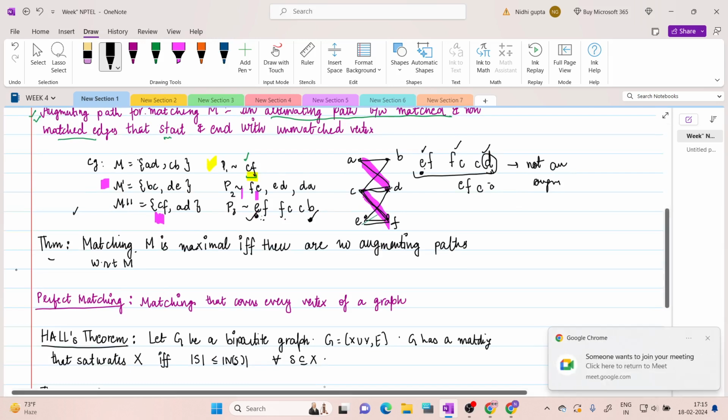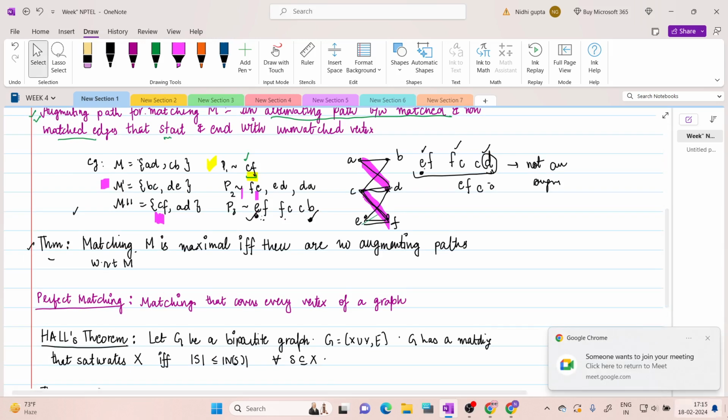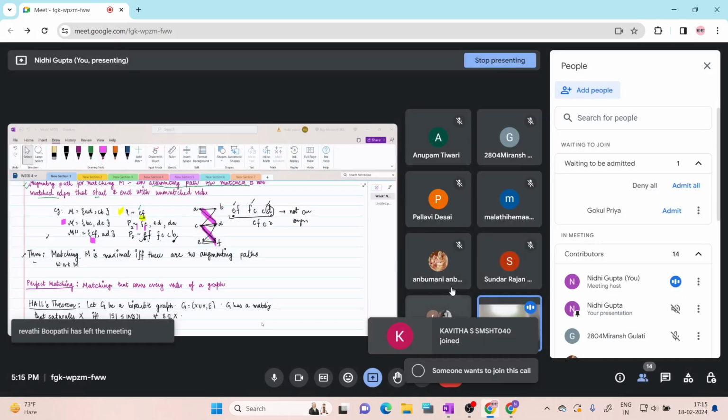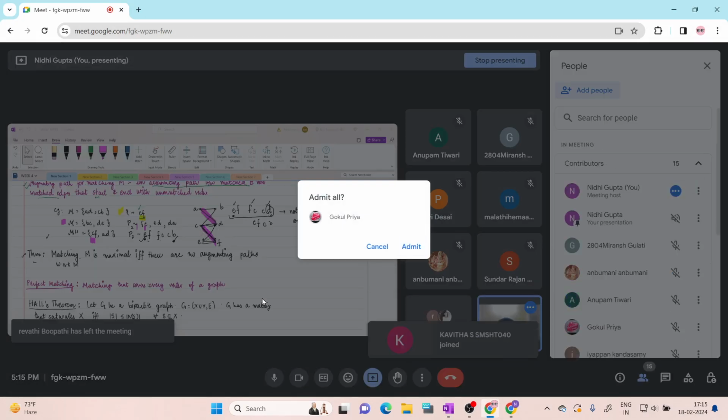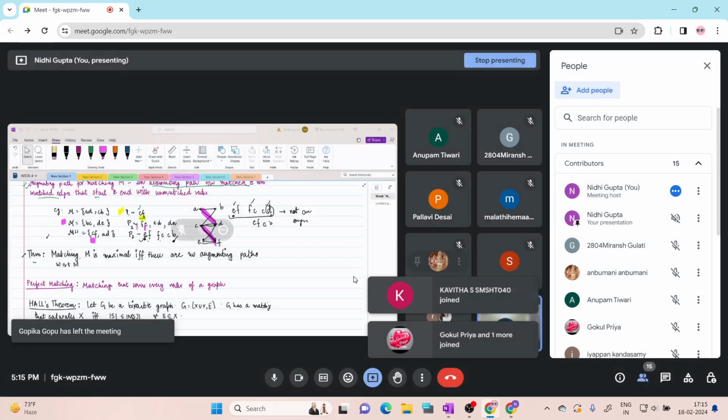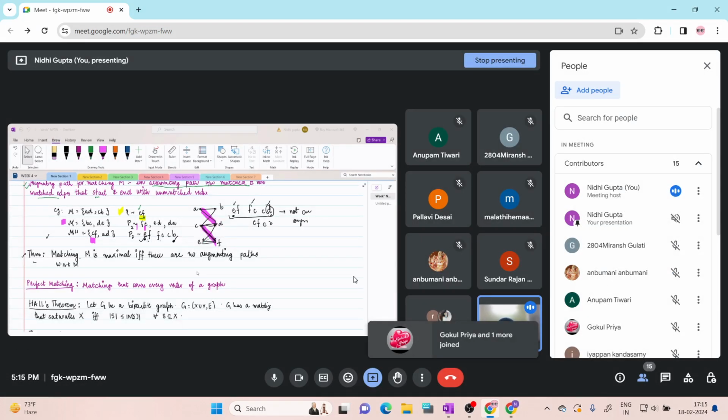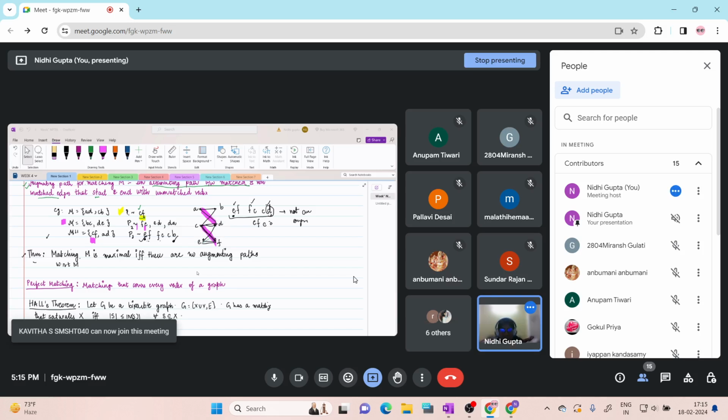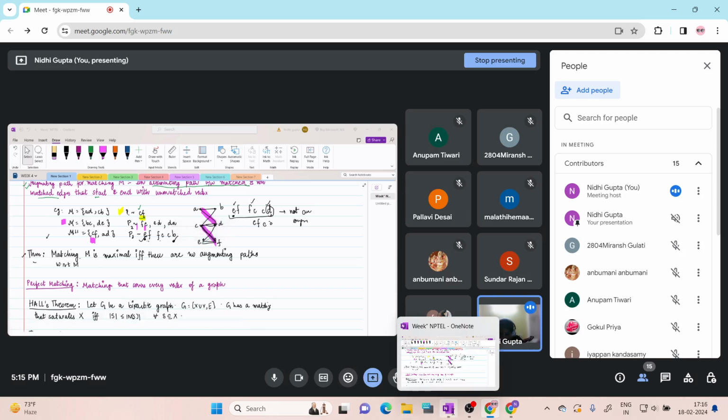We won't be doing the proof because this was done in the class, but it is an important theorem. So remember that if you have to say some matching is maximal, and if you can give an argument that there is no augmenting path with respect to matching M, then you can say that matching is a maximal matching, and it is a necessary as well as a sufficient condition for maximal matching.